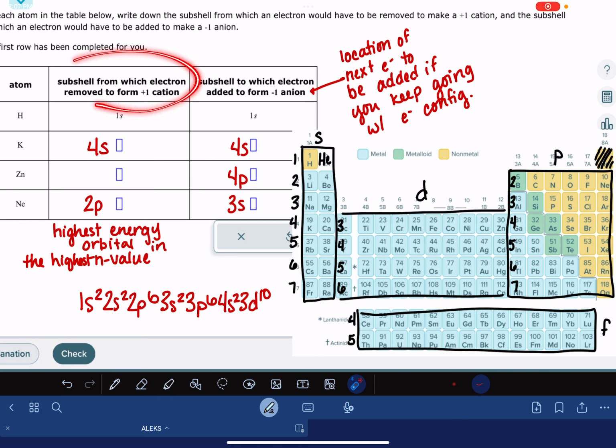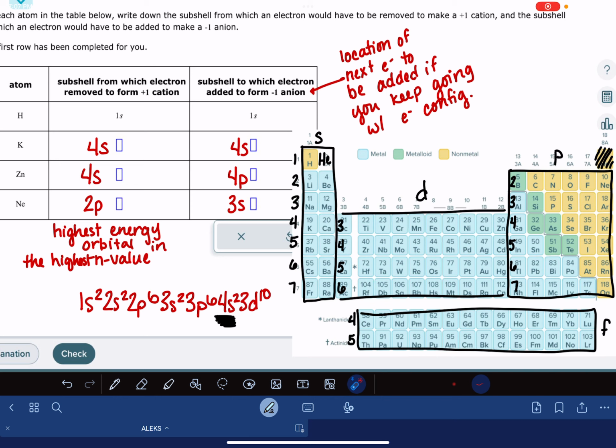The electron that we're going to remove is going to be in the highest n value, which is n equals 4. So it's not necessarily the last electron that we added, it's an electron in the highest n value. For zinc, that's going to be 4s.